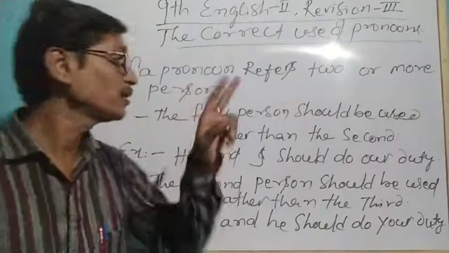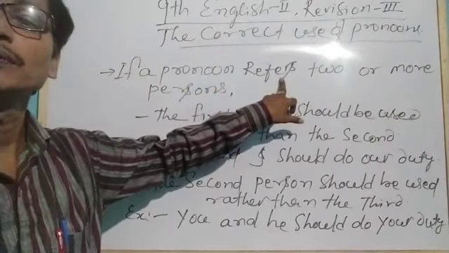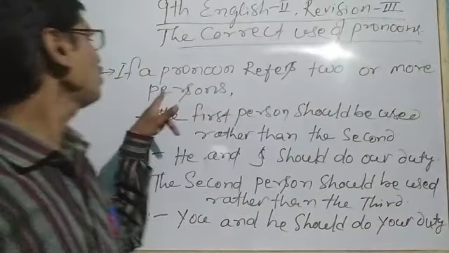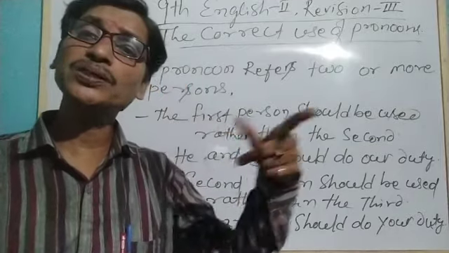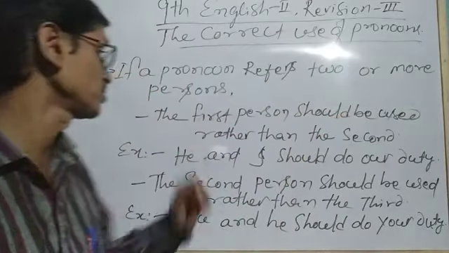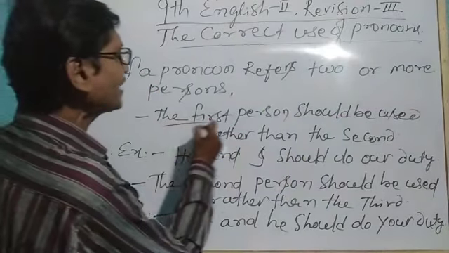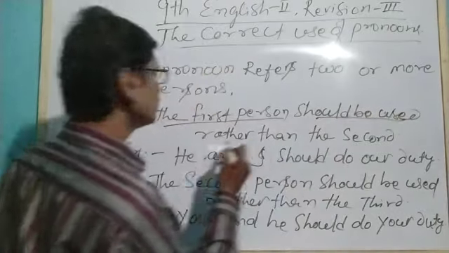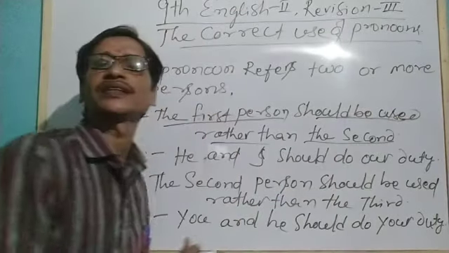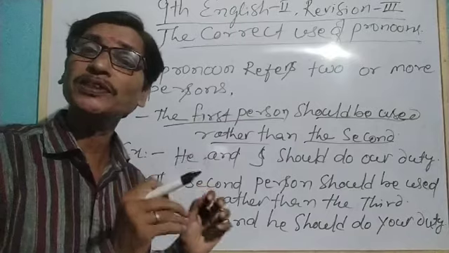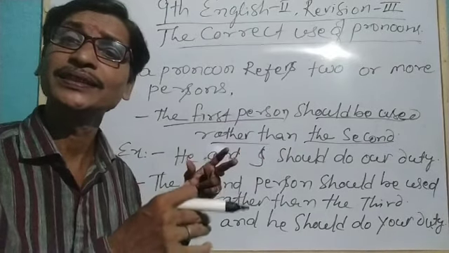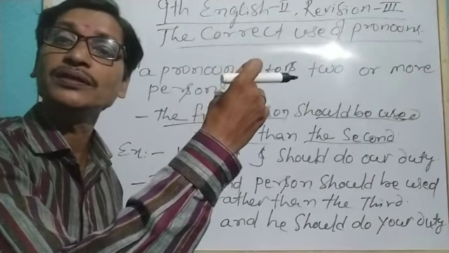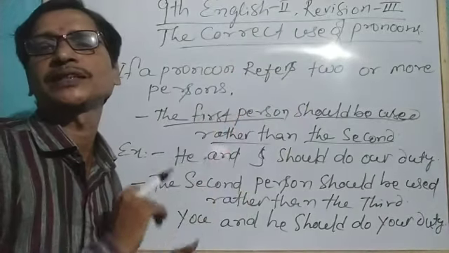If a pronoun refers to two or more persons, the first person should be used rather than the second person. If first person and second person are both used in one sentence, then the pronoun we use should be for the first person.